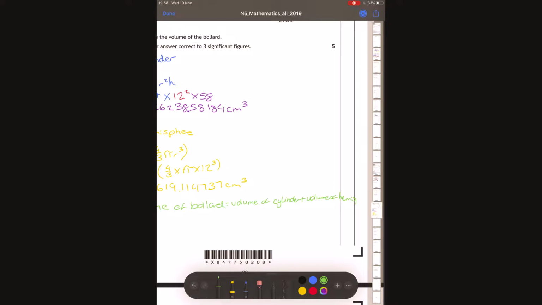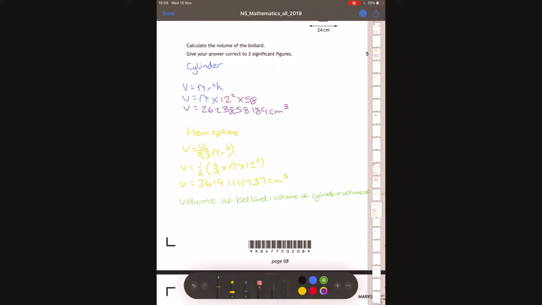So volume of bollard is equal to, we do cylinder first, 26,238.58184 plus hemisphere 3619.114737, which is equal to 29,857.69658, and it's asked of us to round this to 3 significant figures.